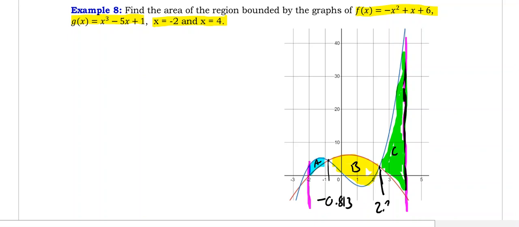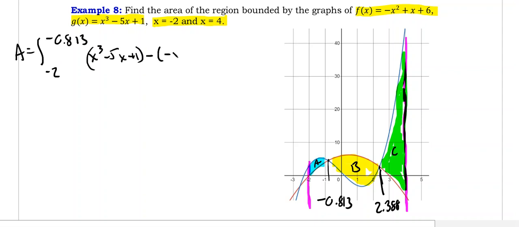So our first area, area A, is going from -2 to -0.813, and the cubic equation is on top. So we're going to have x cubed minus 5x plus 1, minus the downturning parabola, which is -x squared plus x plus 6.